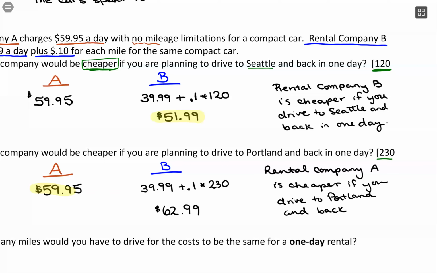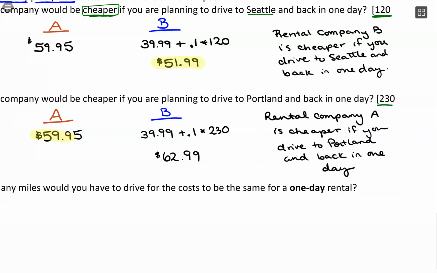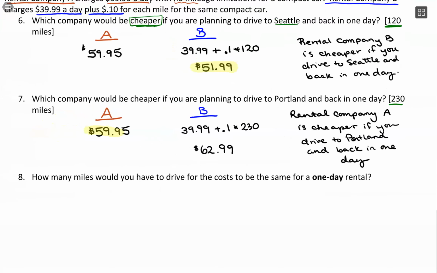All right, and then this last question is going to ask, how many miles would we travel for it to be the same? So we want to see the same cost come through for just a one-day rental. We can see a theme that was happening with our calculations here. Rental company A for one day is always $59.95. Then we want to see where that is going to be the same as, so the same as would bring through equality.